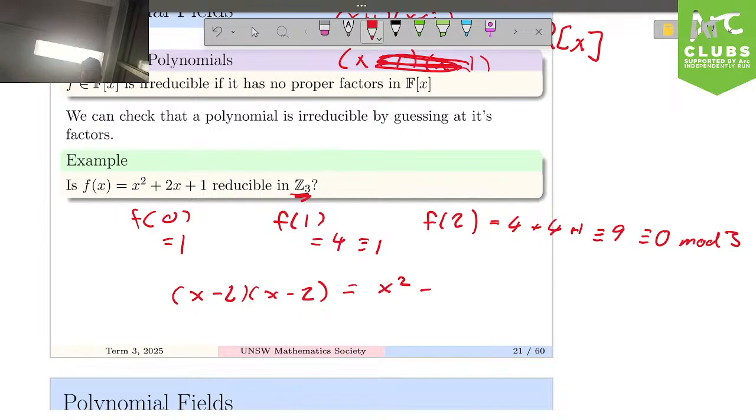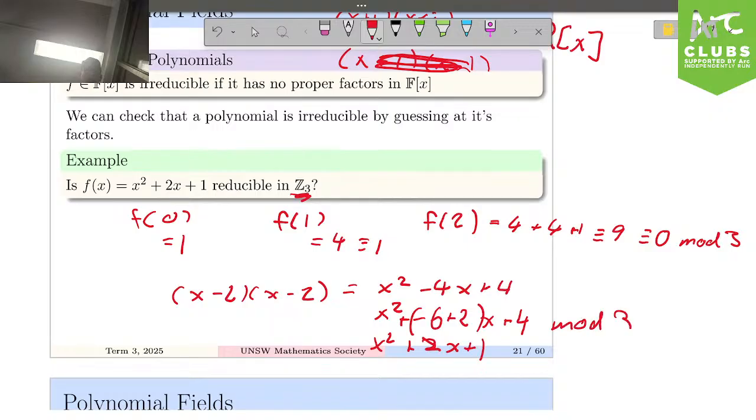This is x squared minus 4x plus 4. Remember negative numbers in modular arithmetic: minus 4 is equivalent to 2, and 4 is equivalent to 1. So this is going to be x squared plus 2x plus 1 mod 3.